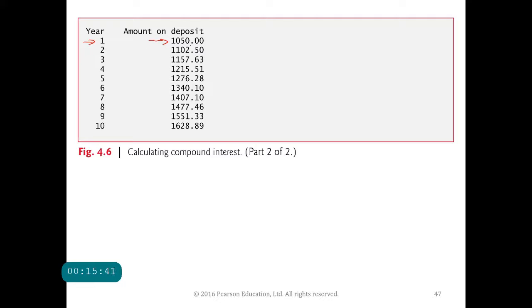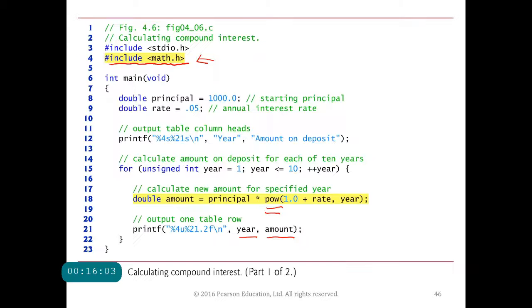So the amount on deposit after 1 year is going to be 1050, then after 2 years it's going to be this, and after 3 years it's going to be this, and at the end of 10 years, if you invest $1,000 with the annual 5% interest rate, you're going to have about $1,629.